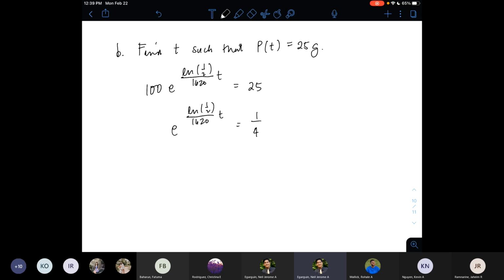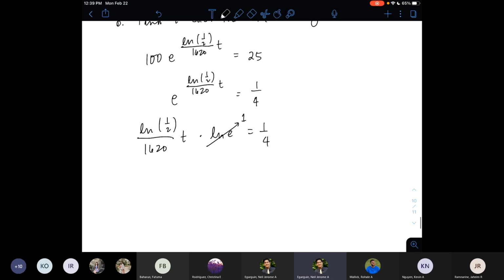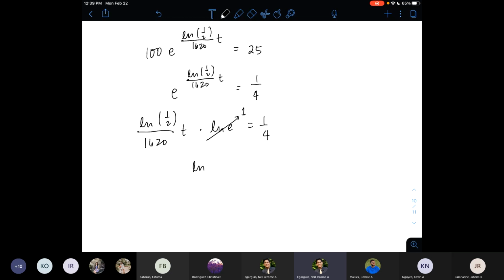You'll get ln of 1/2 over 1620 t times ln e equals ln of 1/4. We all know that ln of e is just 1. So here we'll have ln 1/2 over 1620 t equals, sorry, this should be ln of 1/4, because remember, we took the natural log of both sides.